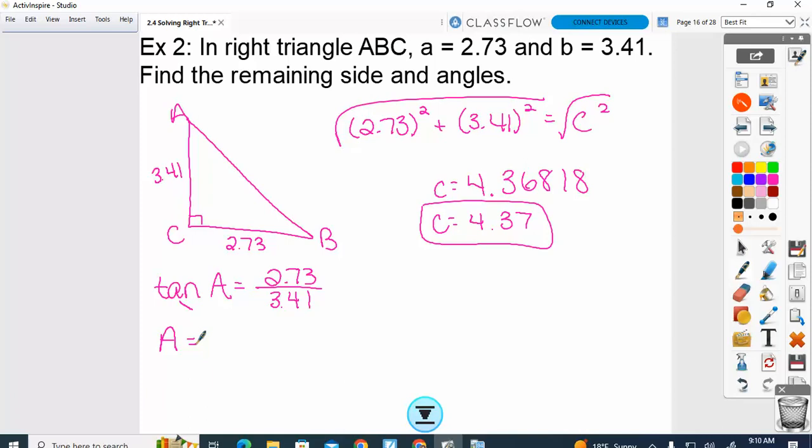We're looking for an angle, so what do we have to do? Oh, come on, guys. When you're trying to find your angle, that's when you did the inverse.